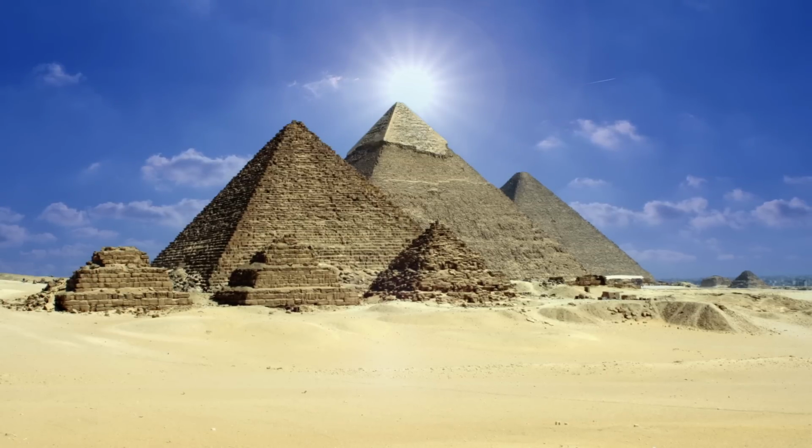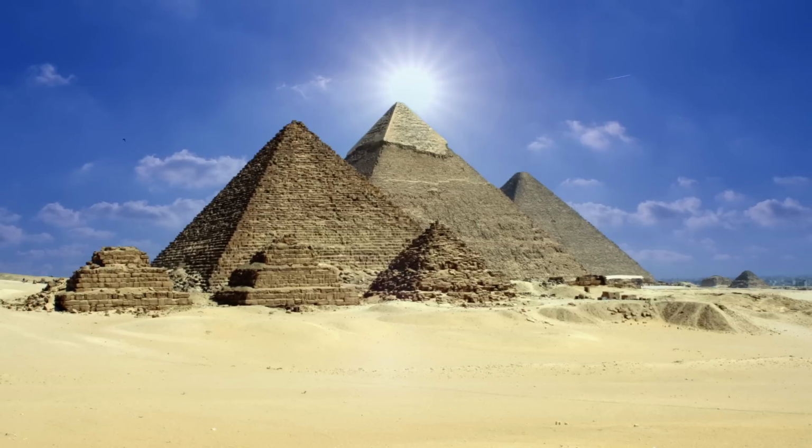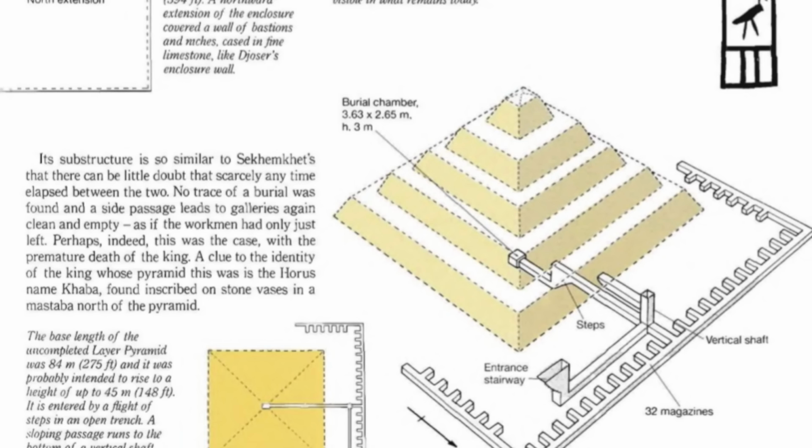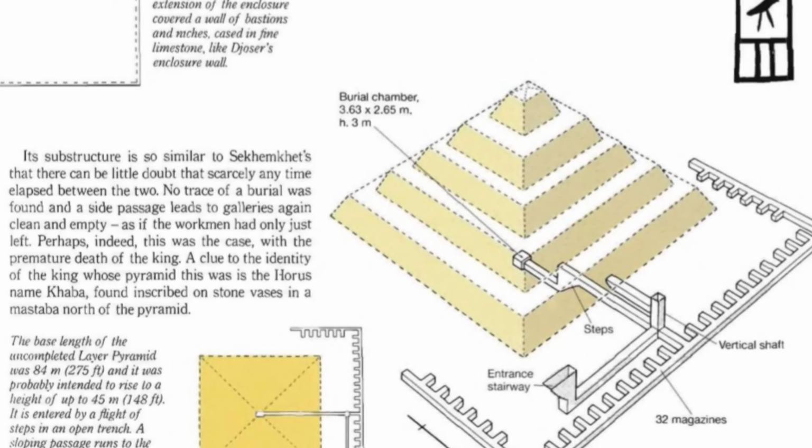My main issue with a lot of these theories is the same for many other alternative theories surrounding the Great Pyramid, or even the three main pyramids at Giza, is that they do not take into account the countless other pyramids that came before or after them.